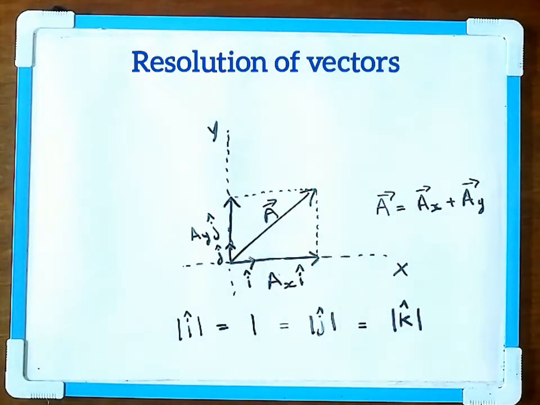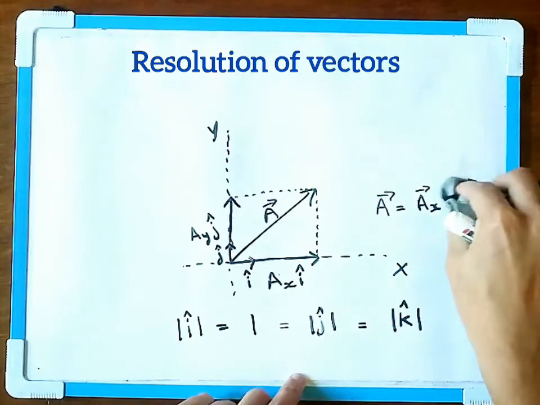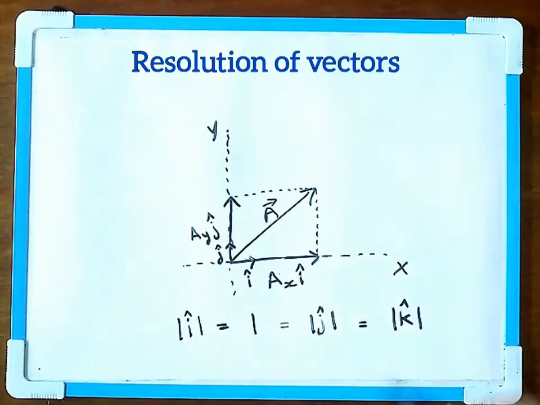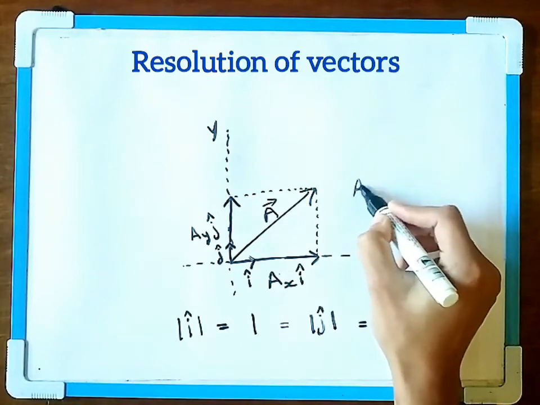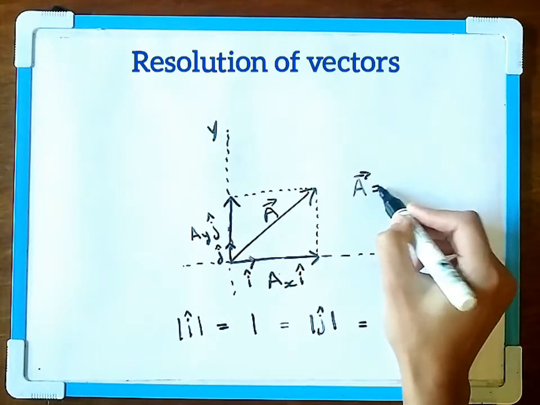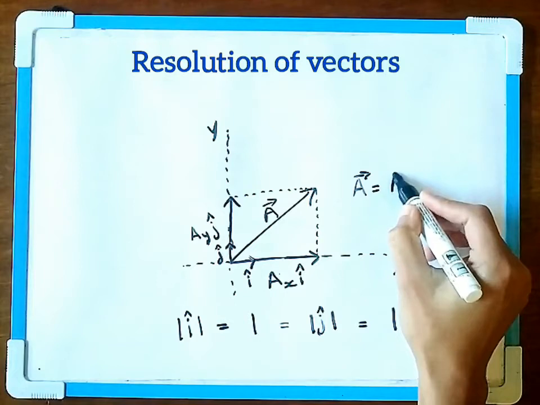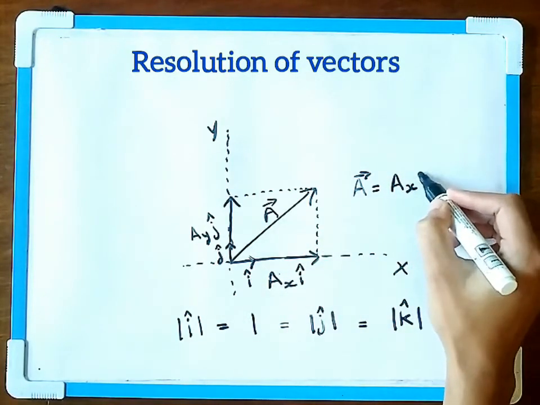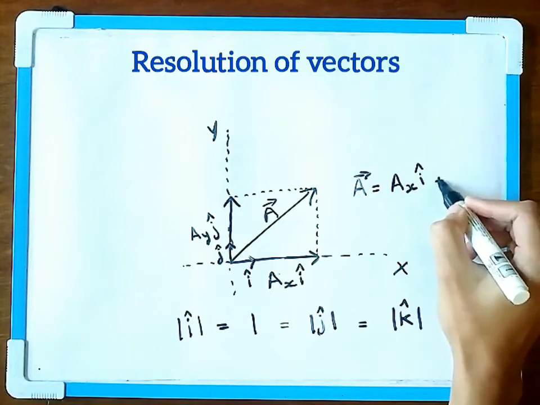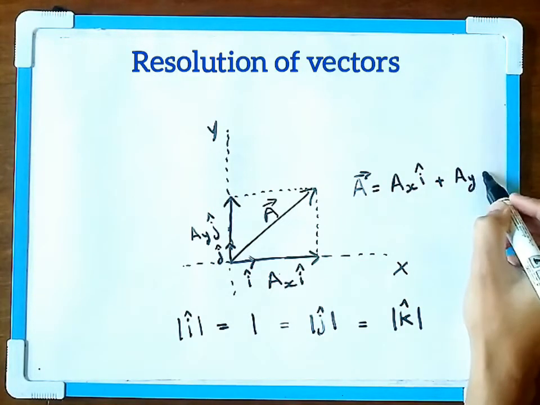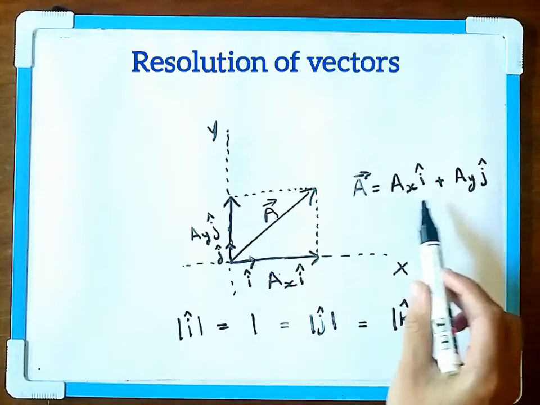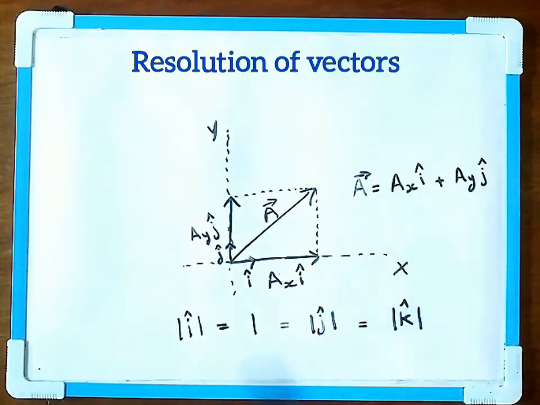Hence this vector can be written as a vector equal to ax, the magnitude of the ax vector, i cap plus ay j cap. So a vector is equal to ax i cap plus ay j cap.